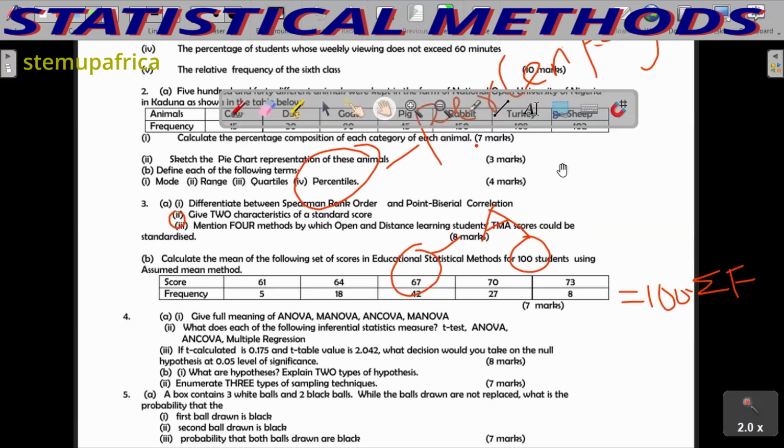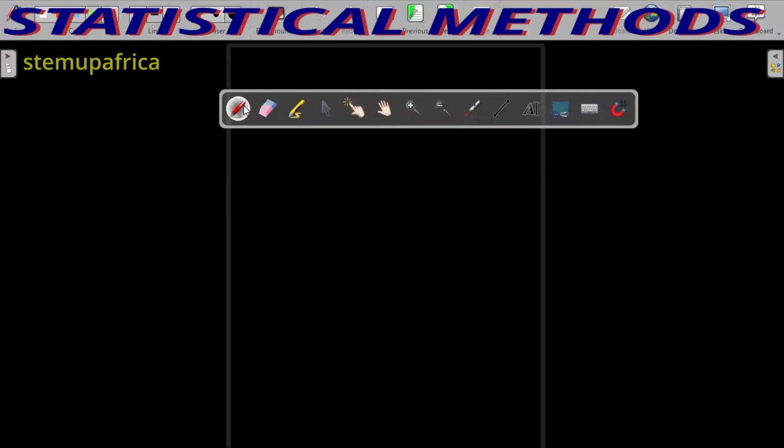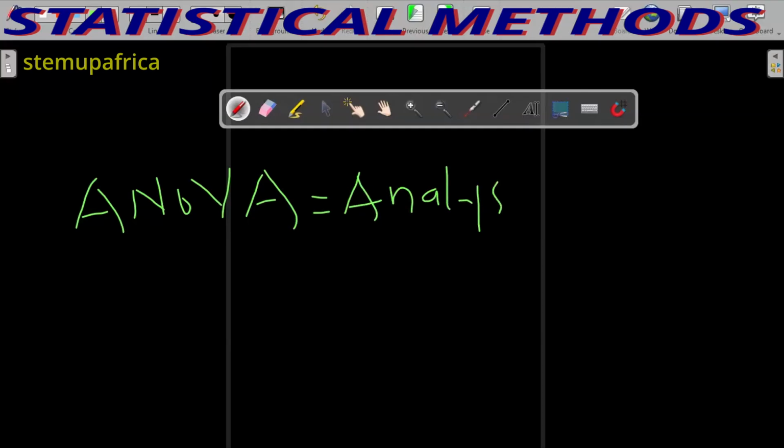So the ANOVA, you can write it down, stands for analysis of variance.